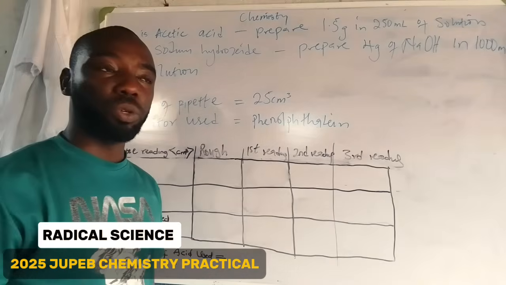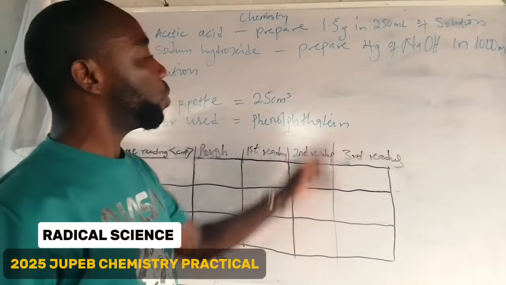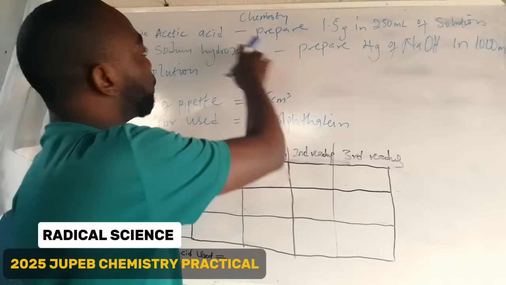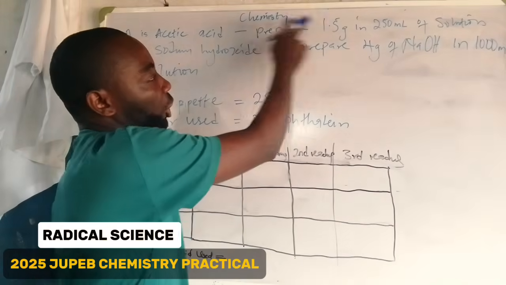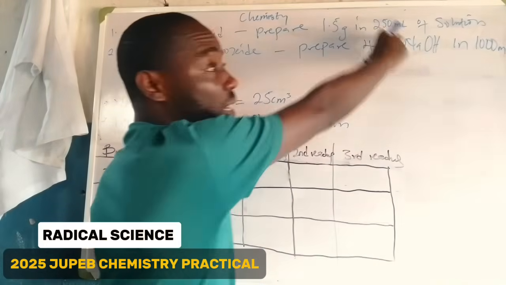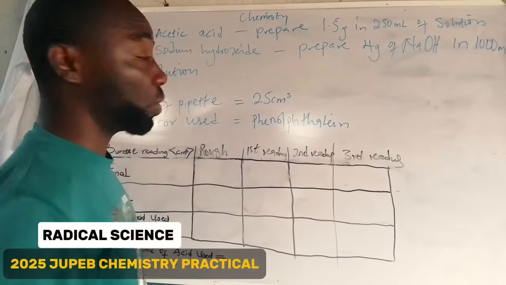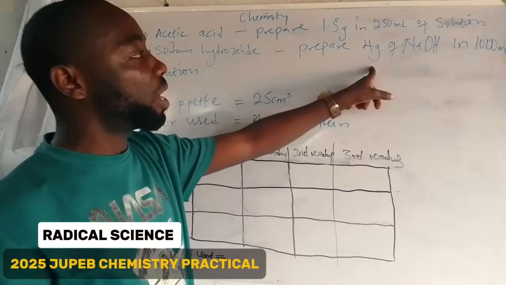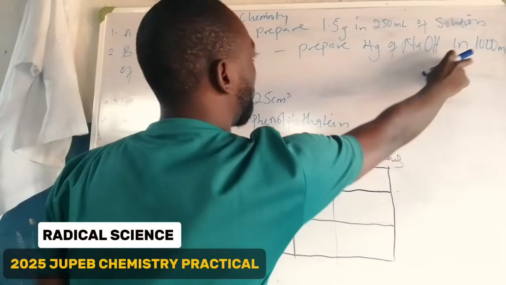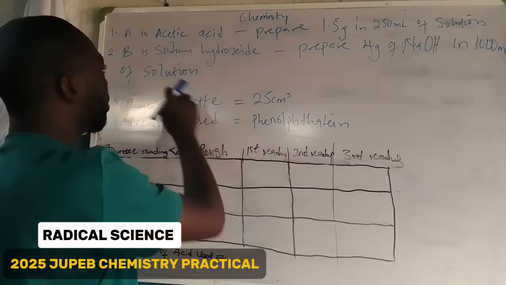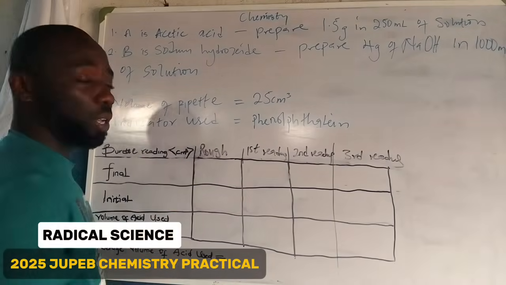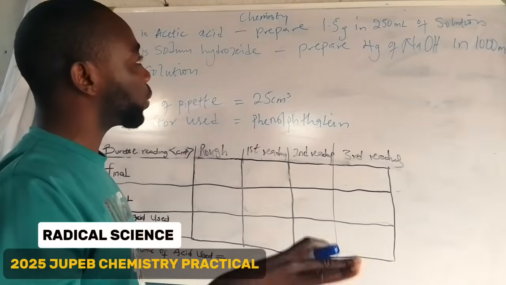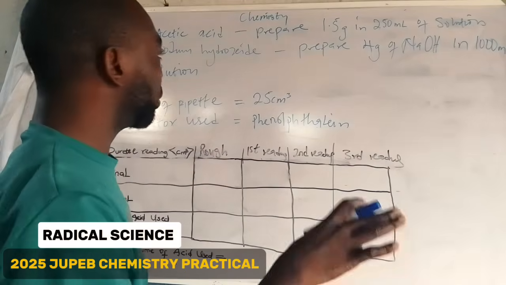So what we are going to do is prepare 1.5 gram of this acetic acid in 250 milliliters of solution, and again, 4 grams of sodium hydroxide in 1000 milliliter of solution. So all you need to do is just to pay attention to this.